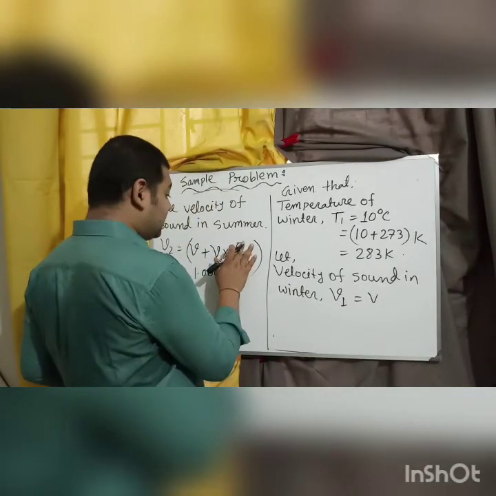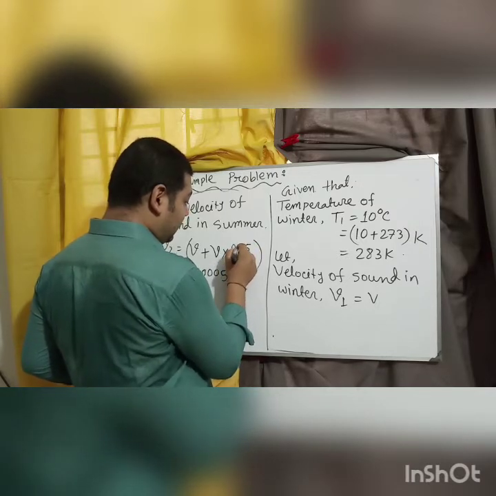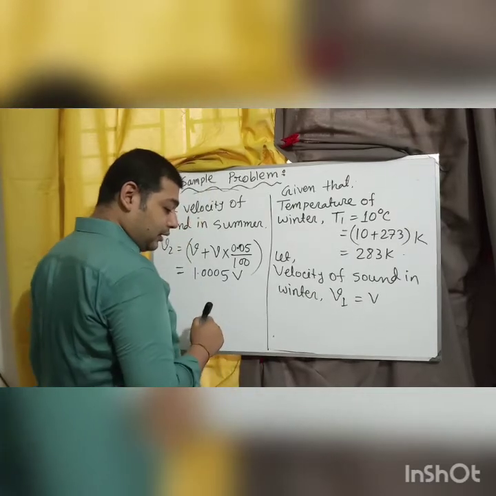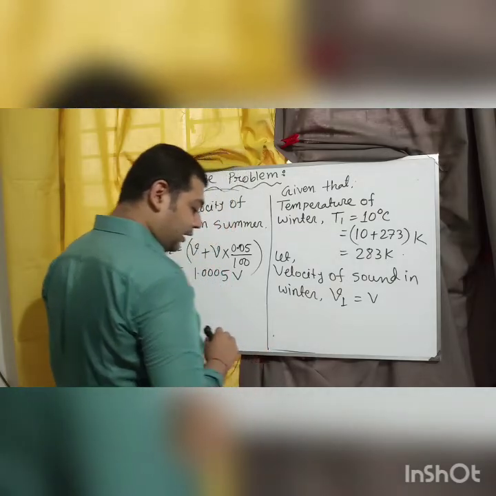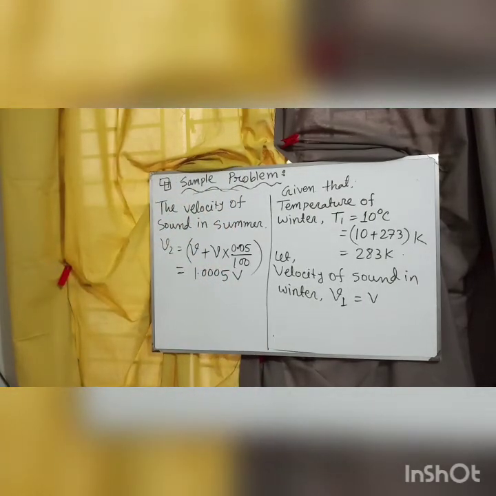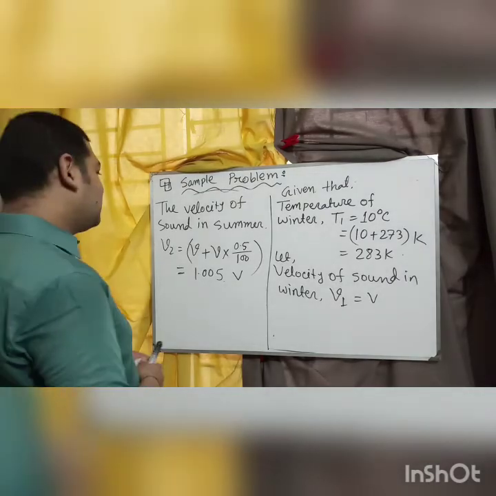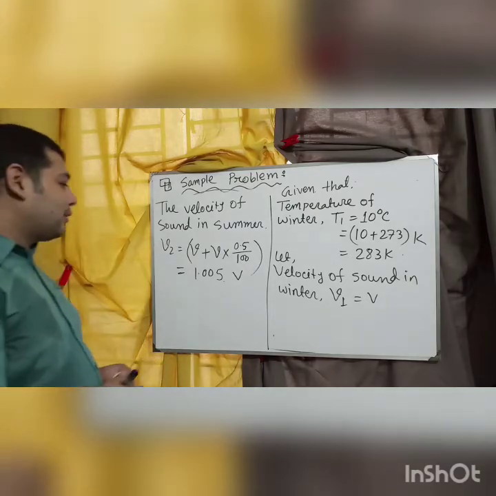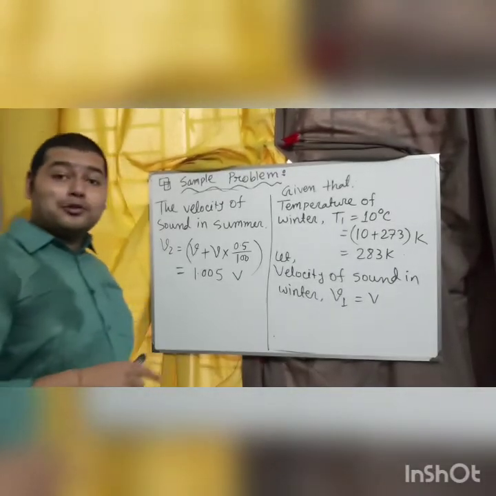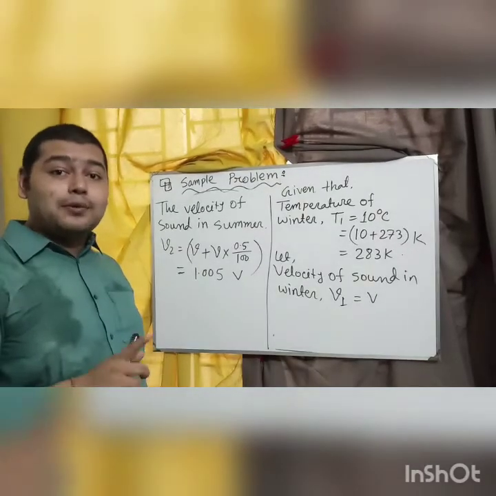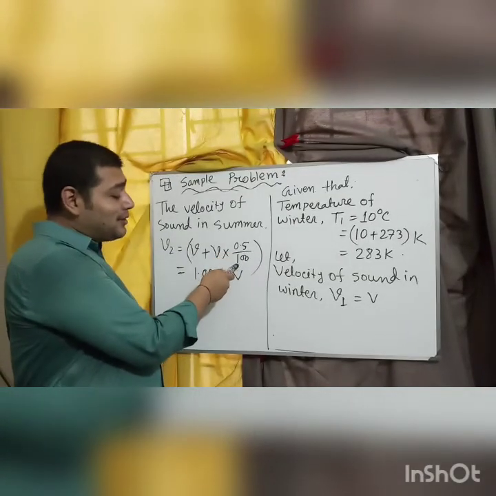Oh, sorry, 0.05. So the velocity of sound in summer will be V2 equal to the velocity of winter V plus, according to our question, the velocity of summer will increase by 0.5%, so we can write V into 0.5 divided by 100.